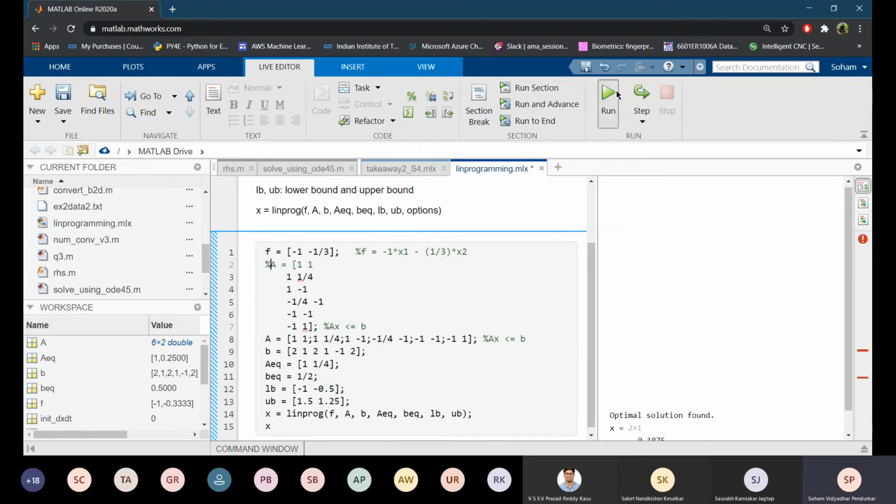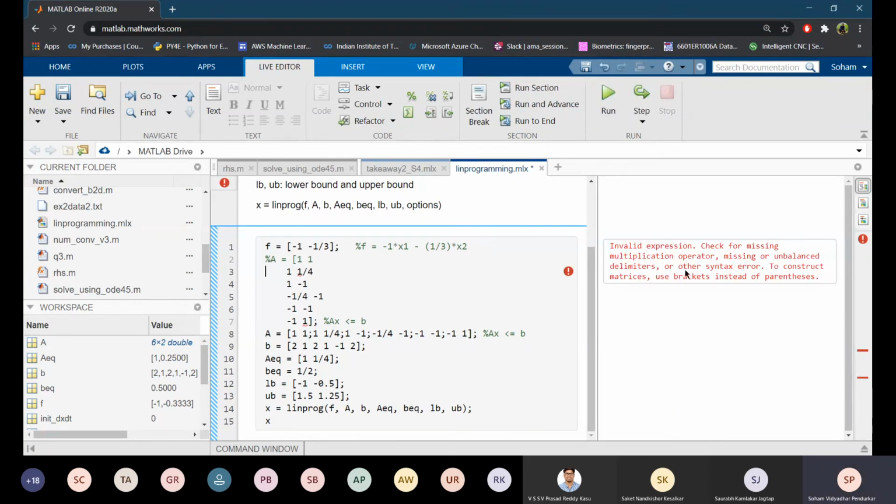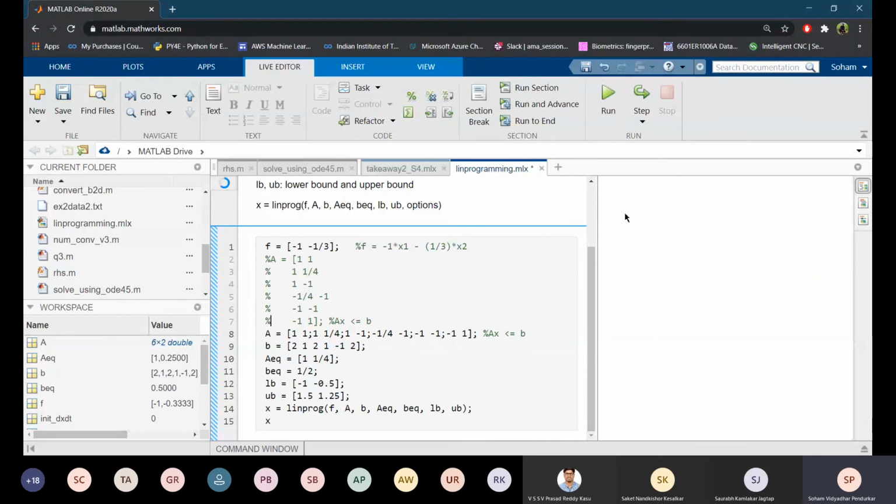Now we'll see. Maybe some students also see this kind of error, all those who are asking for doubts: invalid expression, check for missing multiplication operator and so on.